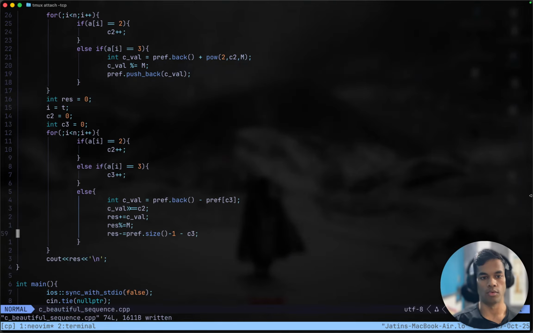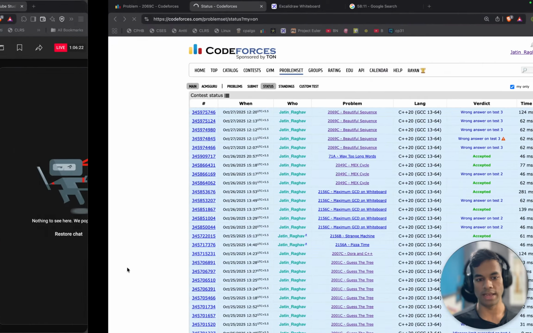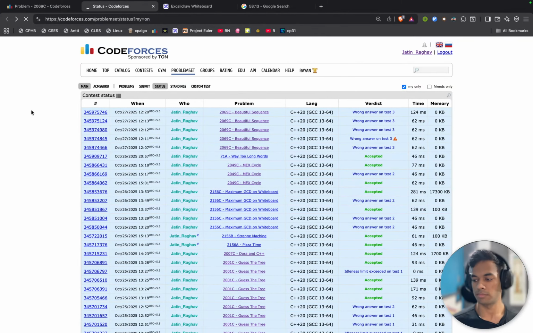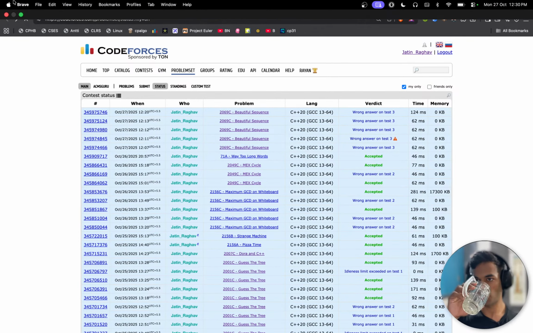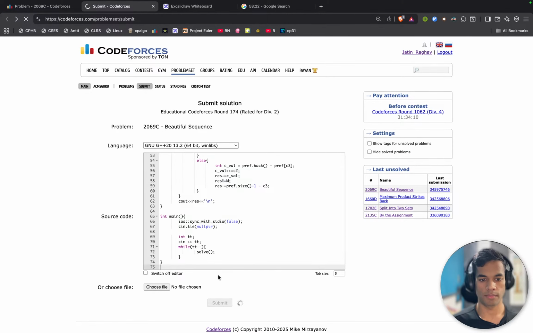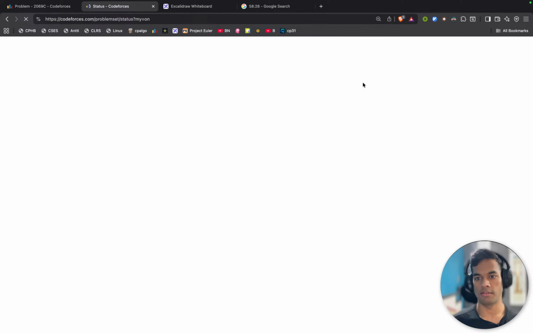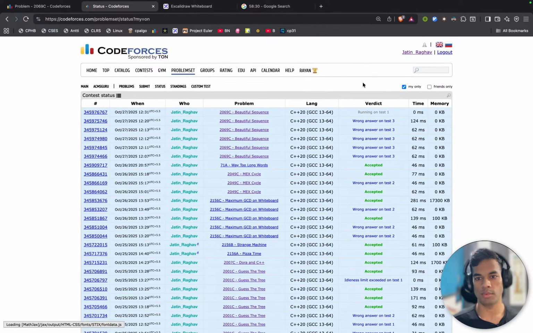Okay, cool. This does work here, but it is like filling up here. It is kind of stuck on test 1 somehow. Wrong answer on test 3.